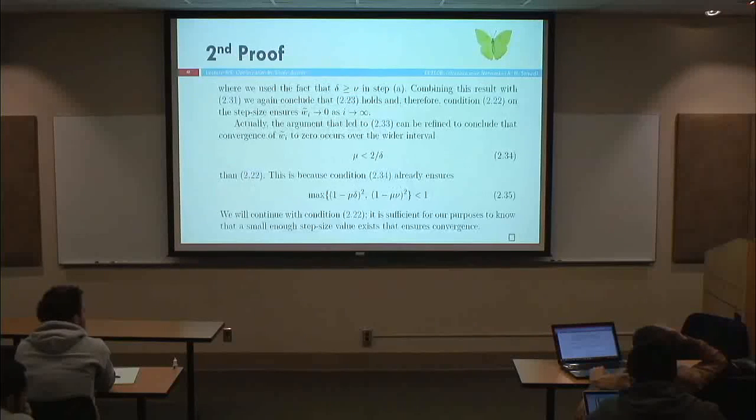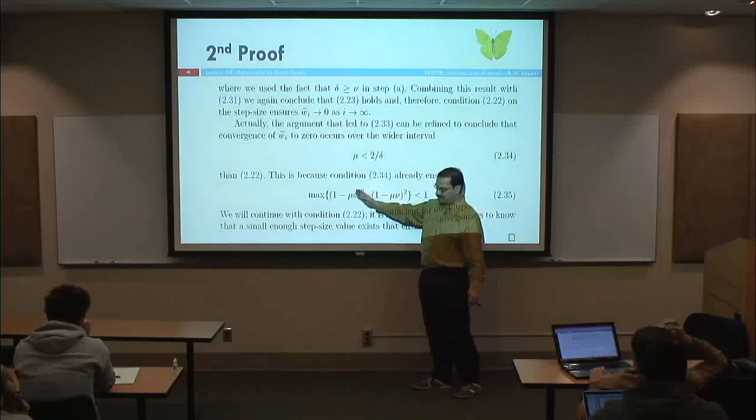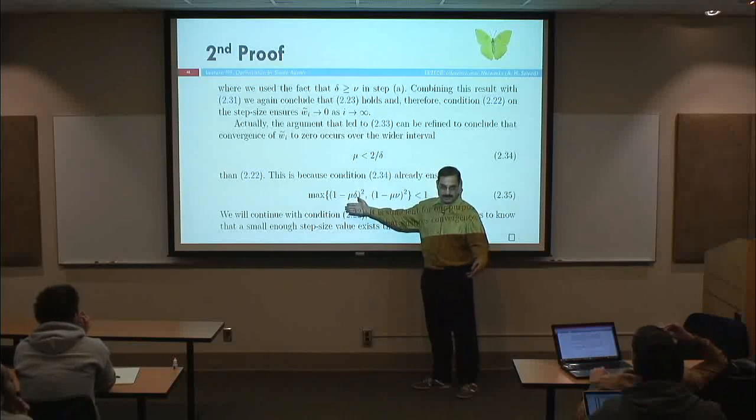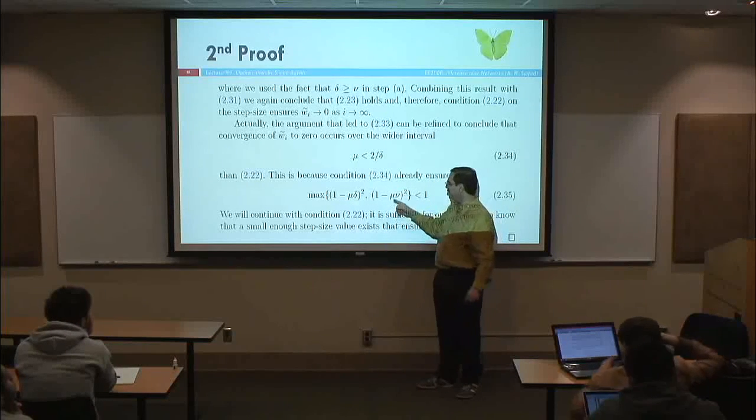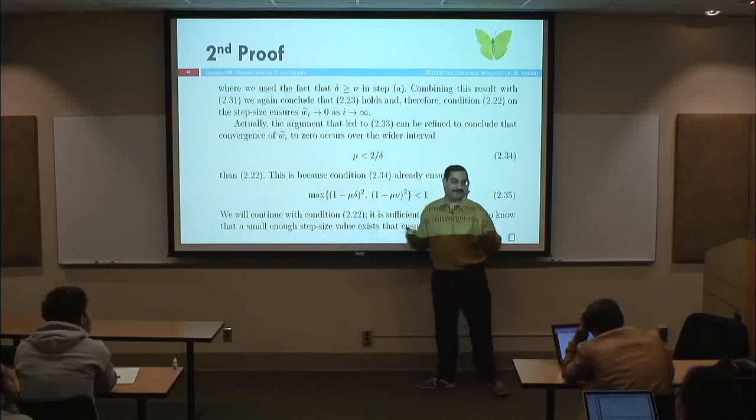So that's what I do here. If I want the maximum of these two to be less than 1, it's enough to work with one of them in this problem, because in this problem nu happens to be lower than delta.